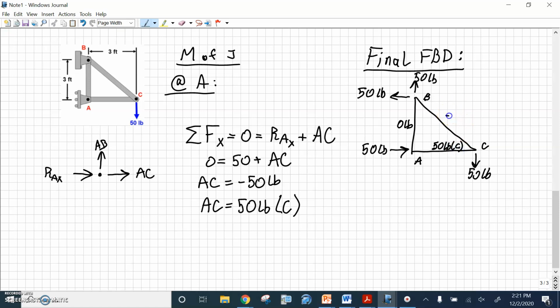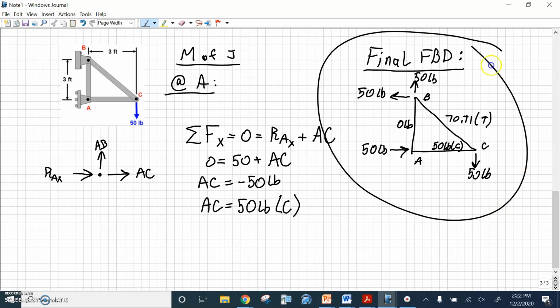And member BC 70, was it 71? And that was in tension. So we have our reaction forces, our external loads that were already applied, and our internal loads. So this is our nice final free body diagram that sums it all up for us.